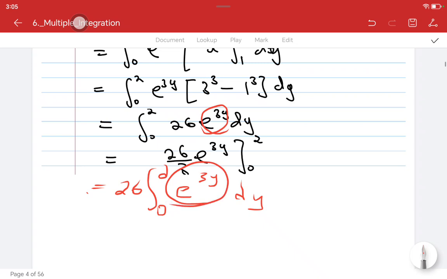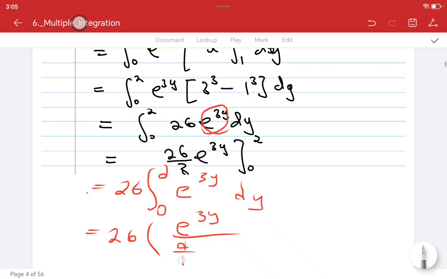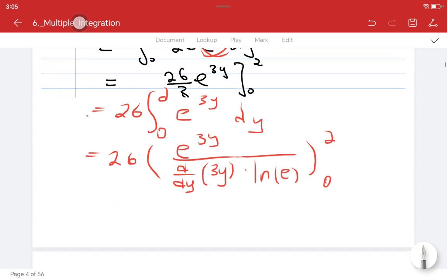When I integrate this, you keep e to the 3y, and you divide by the derivative. Since this is with respect to y, I'm going to do that with respect to y: the derivative of the exponent times ln base. That's how you integrate that e. The derivative of this is 3, so we're going to have 3 down here, and we're left with e to the 3y. And this is 1. All right.